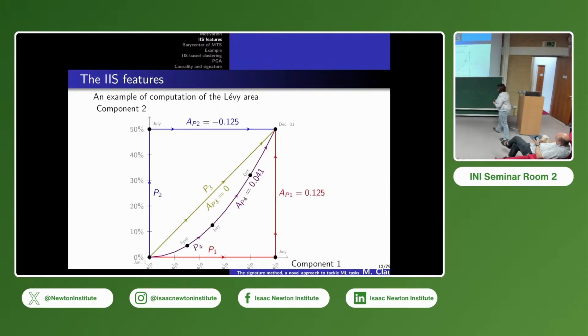I will show you. Here I'm considering several paths, and here you have this idea of delay. If you remember, I told you that somehow we are trying to understand what is the delay between two components. Here we are considering the case without any delay.